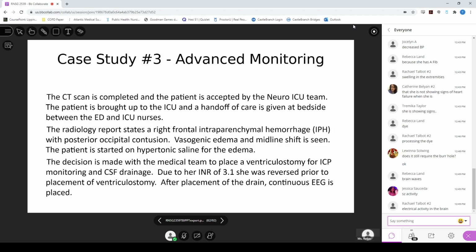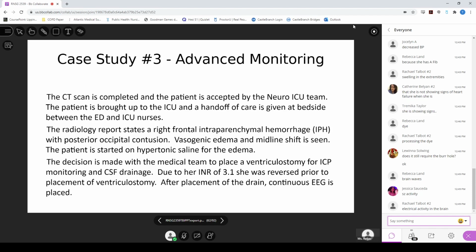So with advanced monitoring, the CT scan on this patient is completed, and the patient has been accepted to the neuro ICU. The patient is brought up to the ICU, and handoff care is given at the bedside by the emergency room nurses and the ICU nurses. The radiology reports a right frontal intraparenchymal hemorrhage, IPH, with posterior occipital contusion. Cerebral edema and midline shift are seen.